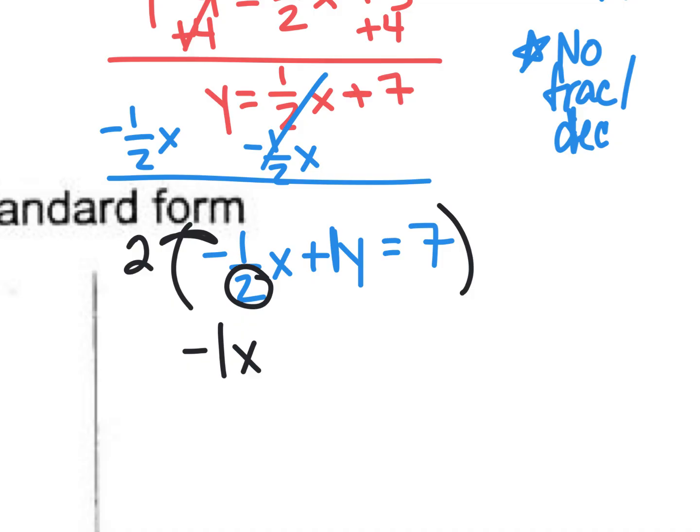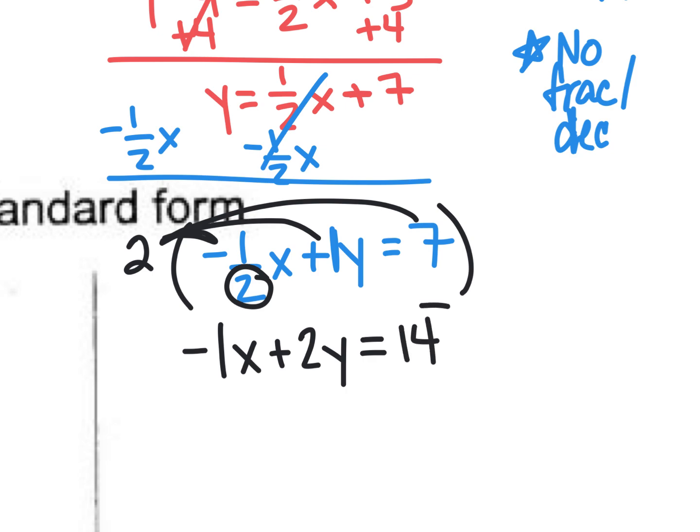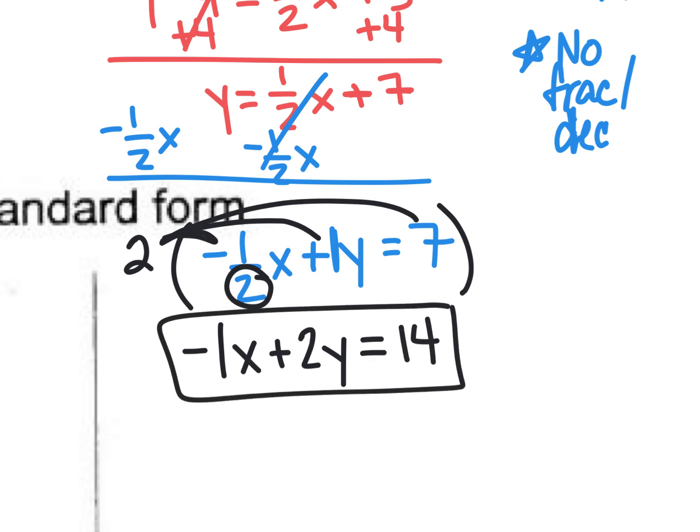Don't forget the x. But I'm not going to stop with the x. I got to distribute on everything, because if I do this to one part, I do it to all of them. What is 2 times 1y? 2y. And then I got to do this on the 7 also. Equals 2 times 7 is 14. Now I'm done. So here's the thing.